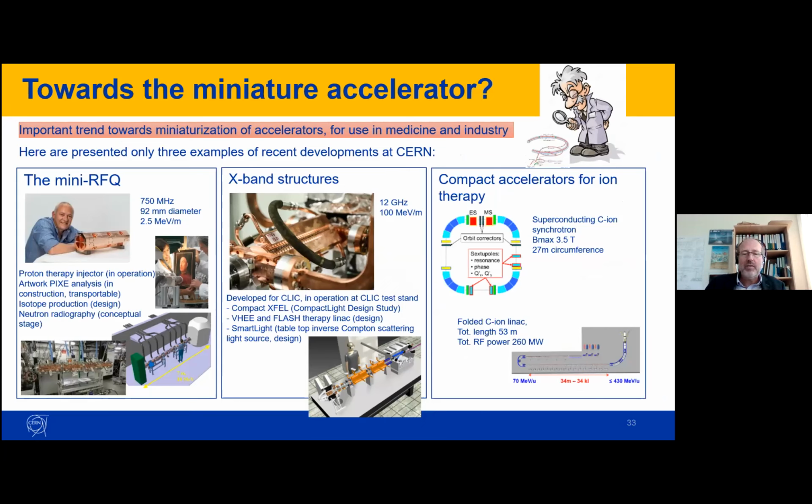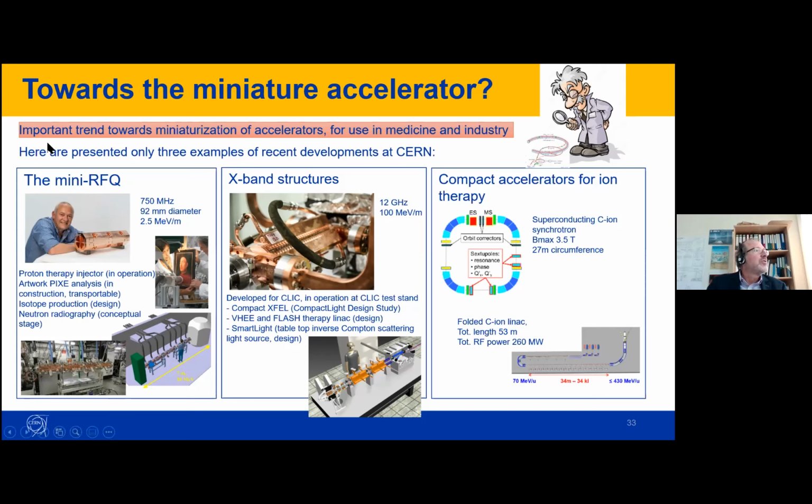Make small accelerators, not very high in energy, but smaller and smaller, so that they can be less expensive and can be installed into hospitals. This is a way to make particle accelerator technology more accessible to medicine and to industry. And there are several examples.